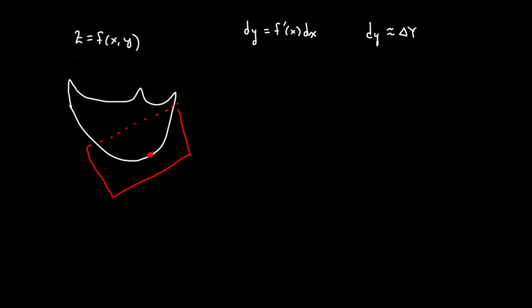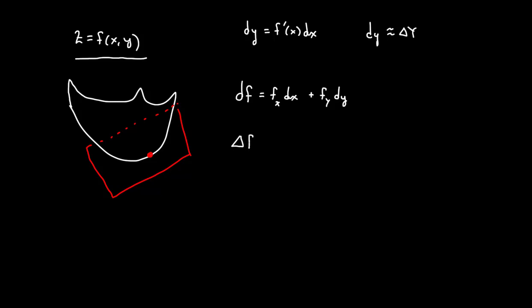Now if we think of a tangent plane to a surface, let the surface be z as a function of x and y. Then you should get the general sense that df, or dz you might say, is equal to some x slope times the dx, but then you have a y change, which would be the y slope times the dy. Now I'm going to write this a little differently.